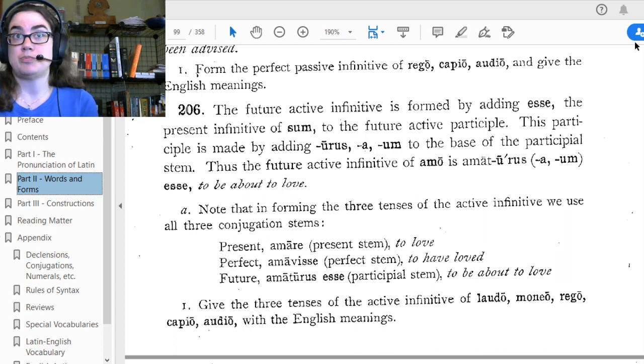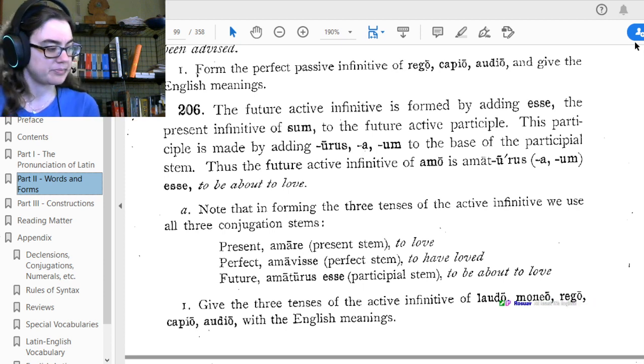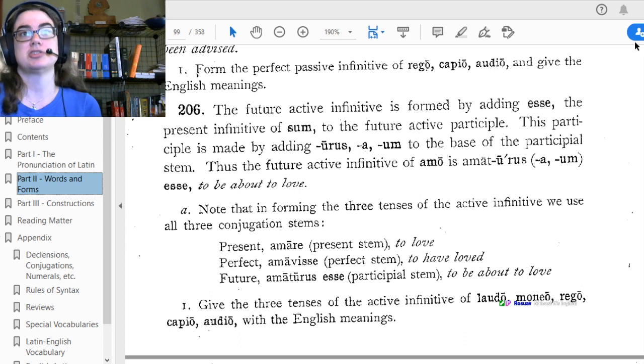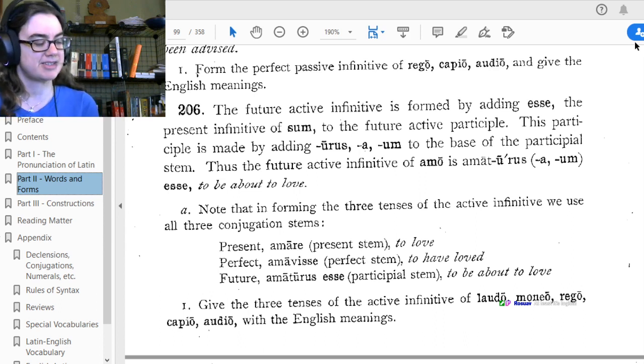So you take the present infinitive of sum, esse, and the future active participle. Okay, so perfect passive infinitive was the perfect passive participle and to be. The future active infinitive is a future active participle and to be. It is at least logical. There is logical consistency in this.